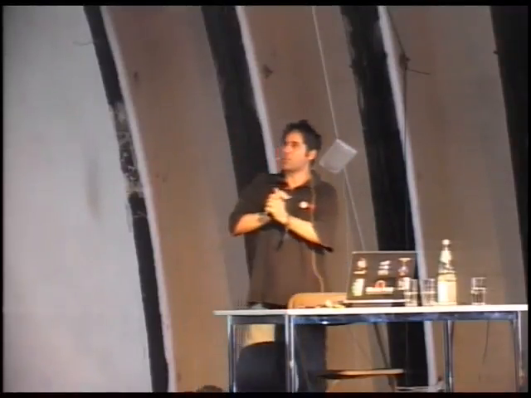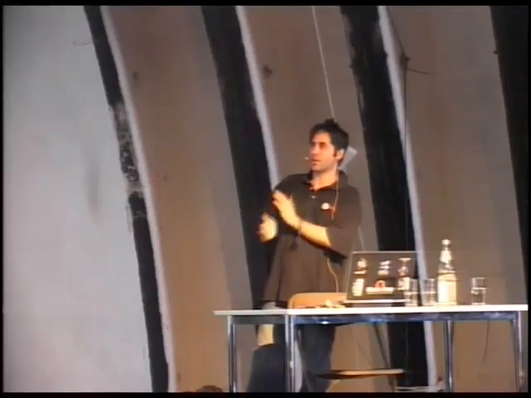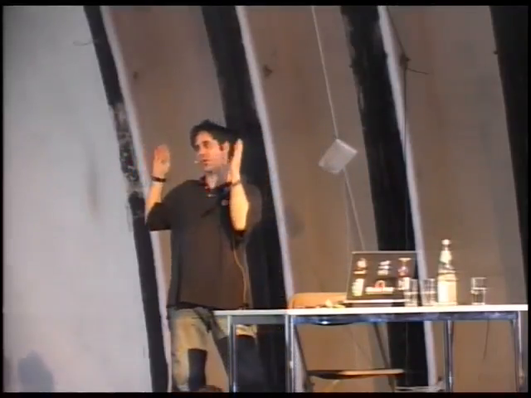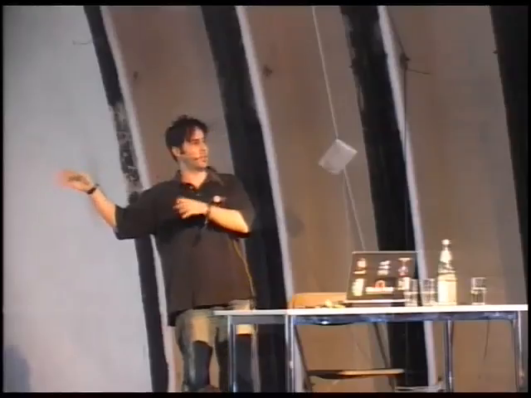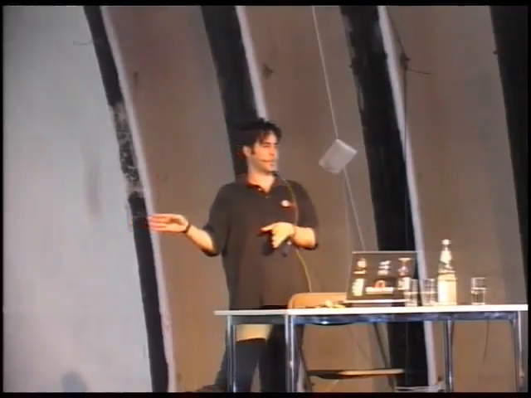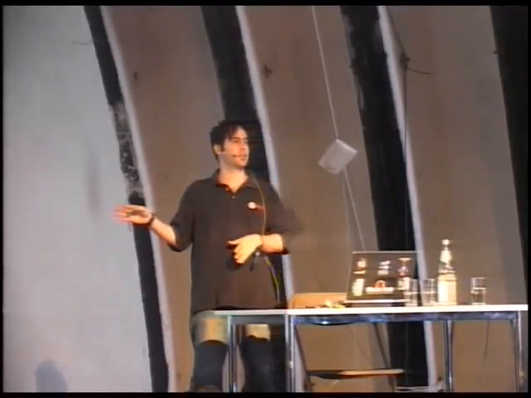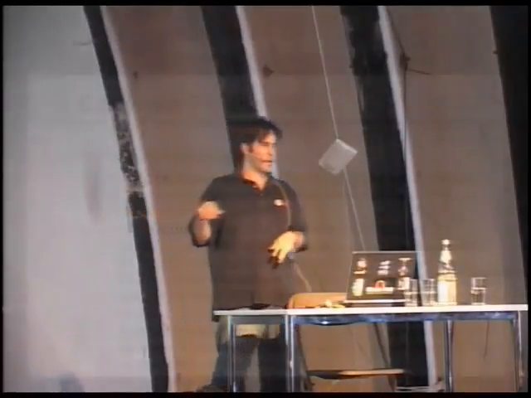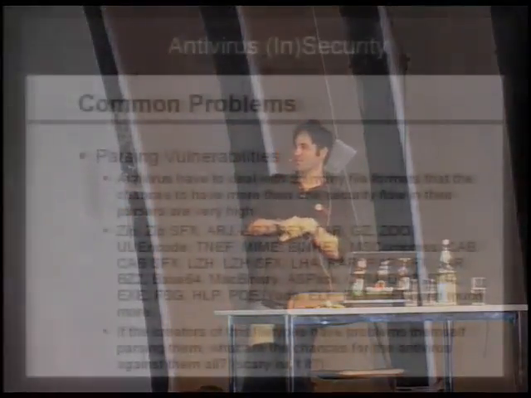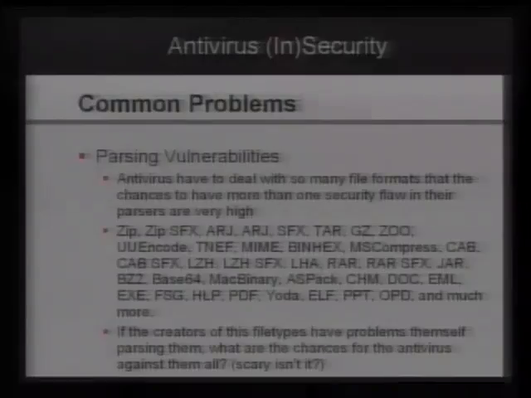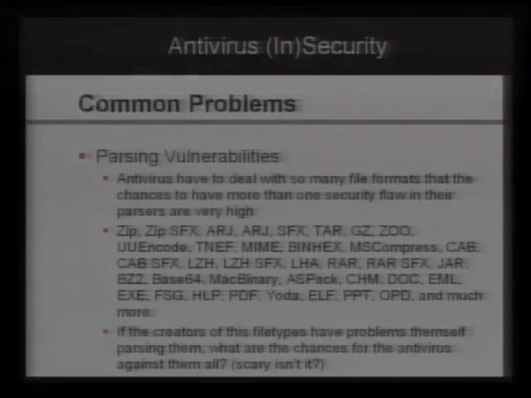So the main topic today is, okay, what is our main entrance from the outside? It's just sending some kind of file. So basically, I see a lot of different file formats that an antivirus has to deal with.